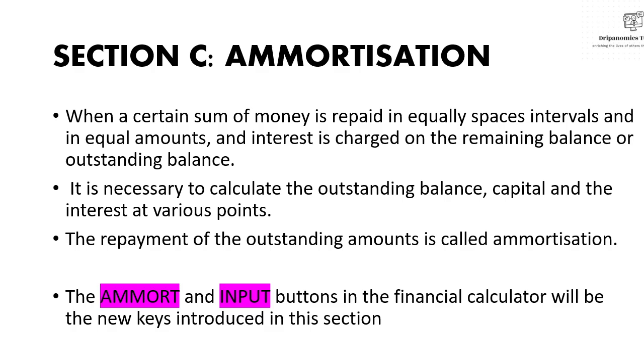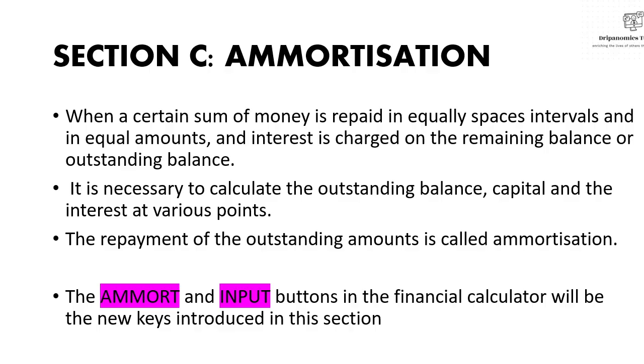So we add two more buttons when it comes to amortization. I want you guys to look at the FV button on your calculator. It has an orange part, written amount.